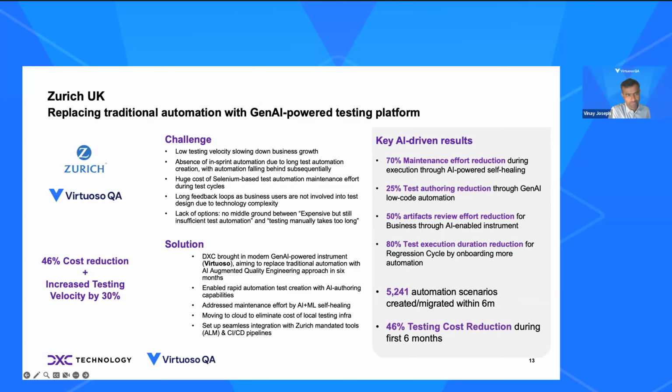At the same time, the resource cost was manageable. And instead of doing things manually, the same people could now be involved in test authoring for automation, which was great.